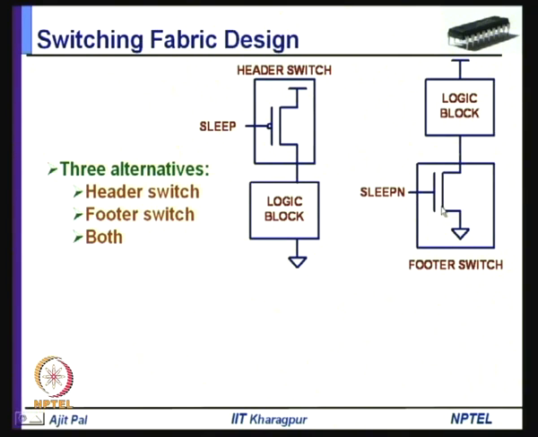Obviously, both these switches will have high threshold voltages, or you can have both. The original MTCMOS approach proposed by Mutoh et al. had both switches present, header switch as well as footer switch. There are many authors; some of them claim that both switches are necessary, and most of them claim that one is sufficient.